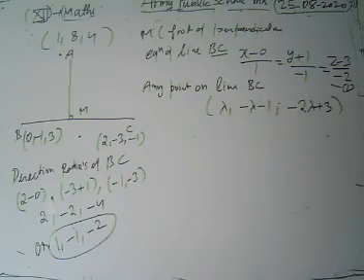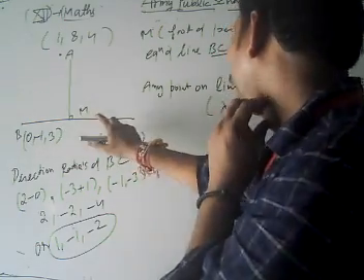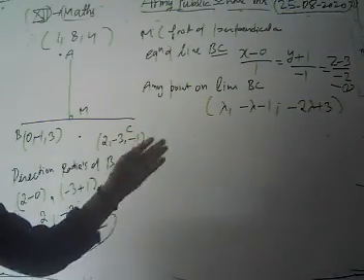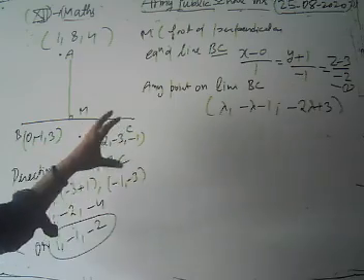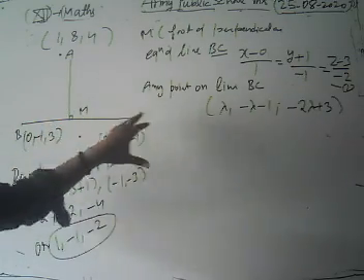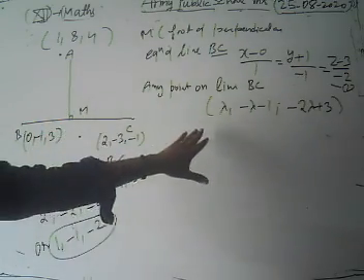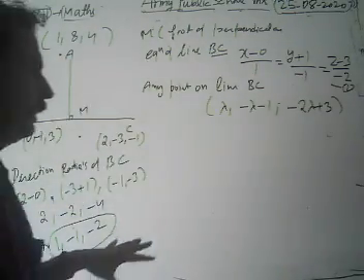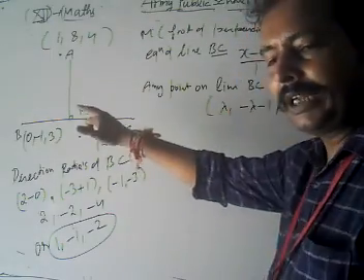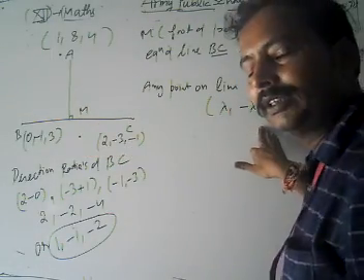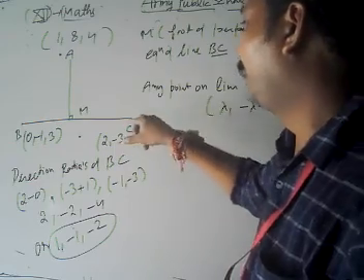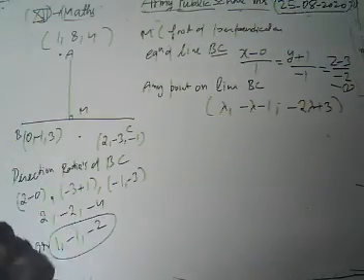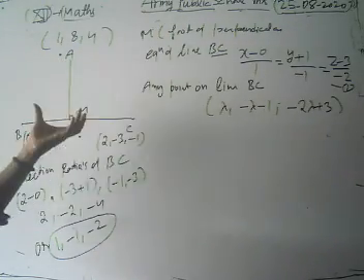Now suppose this general point is M, and from A (1, 8, 4) we draw a perpendicular to this point. Now AM is perpendicular to BC.